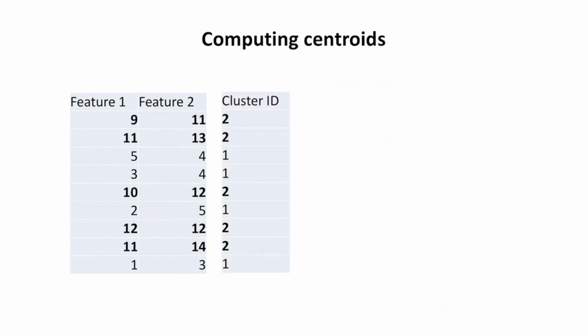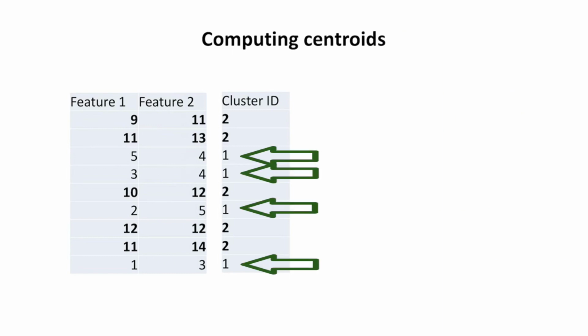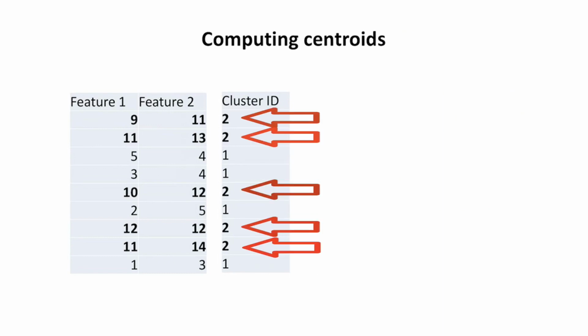Now let's go to our running example. Let us assume that this is our cluster assignment. Rows with the same cluster ID belong to one cluster. In this example, we have two clusters, cluster 1 and cluster 2.